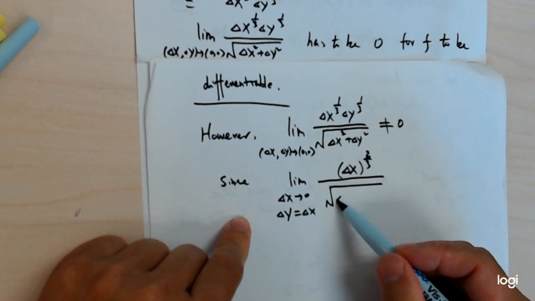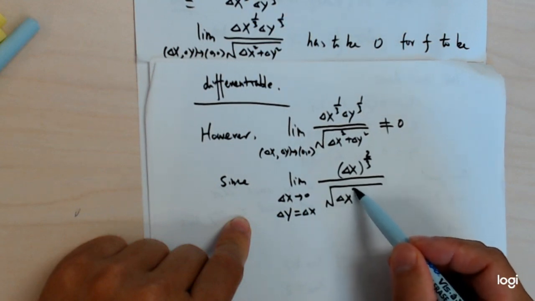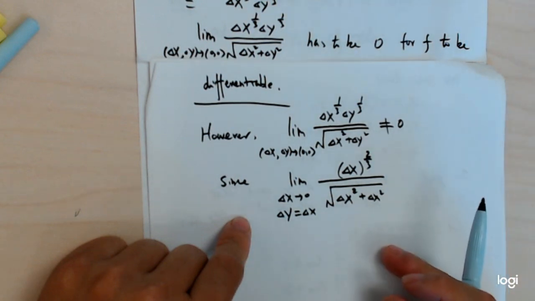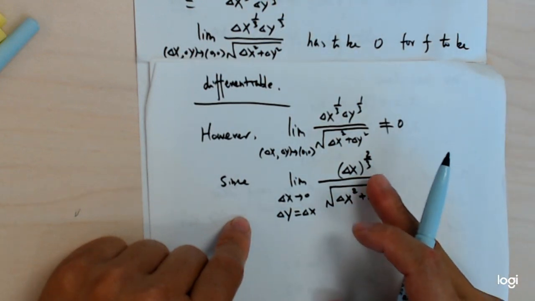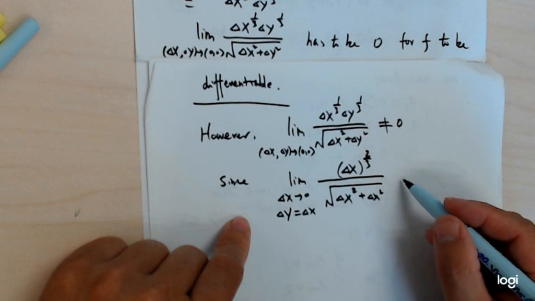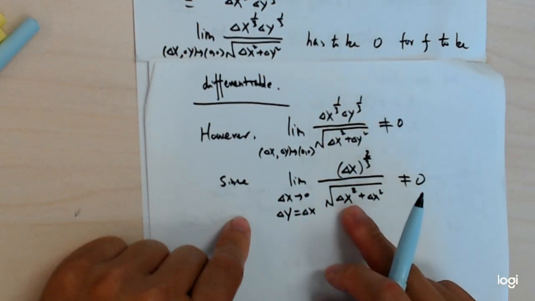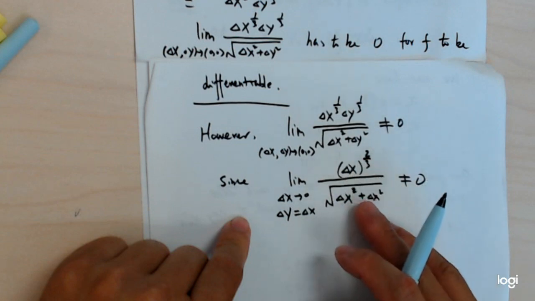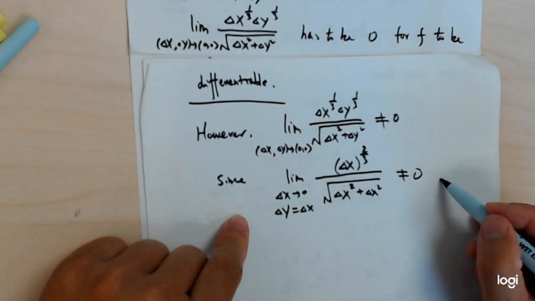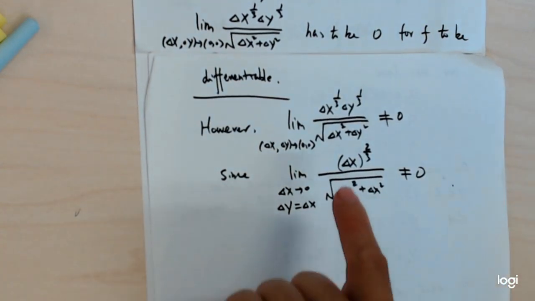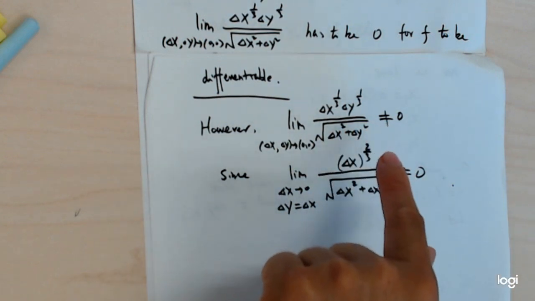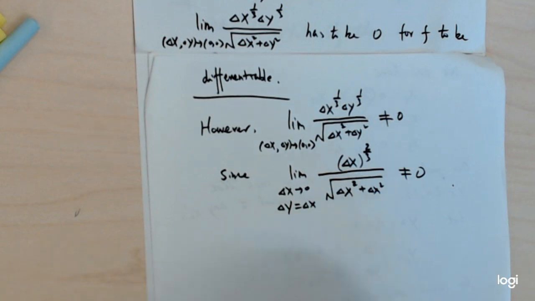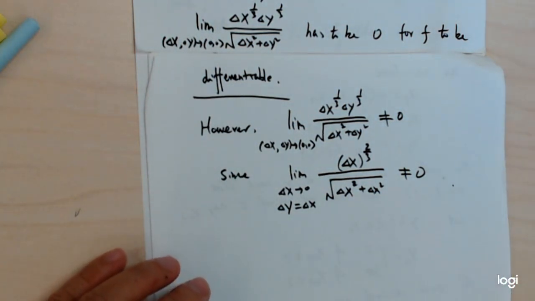The bottom is delta x squared plus another delta x squared. This is clearly not 0. It's power 1/3, so this actually goes to infinity. For this limit to be 0, it needs to be 0 along any path. This is just not true.